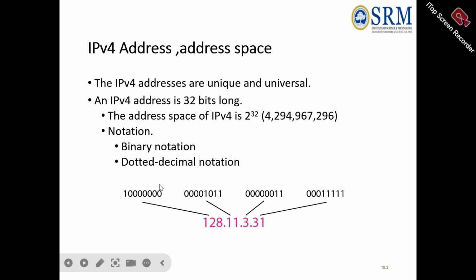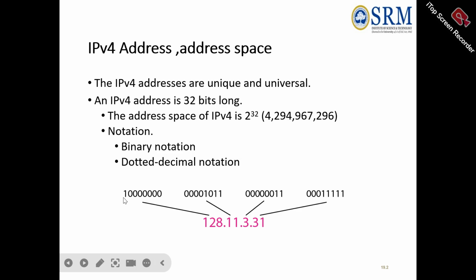The place value of the last bit is 2 to the power 0, the next bit is 2 to the power 1, then 2 to the power 2, 2 to the power 3, 2 to the power 4, 2 to the power 5, 2 to the power 6, and 2 to the power 7. There are 8 bits in total, starting with 2 to the power 0 and ending with 2 to the power 7. This is the place value of all 8 bits.